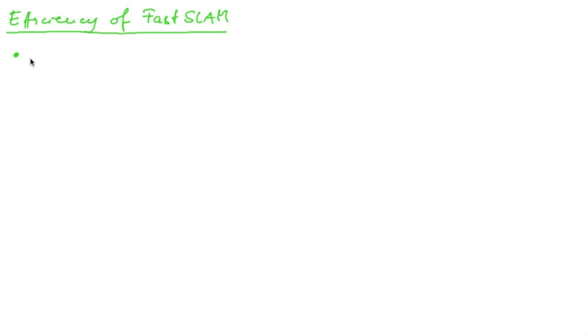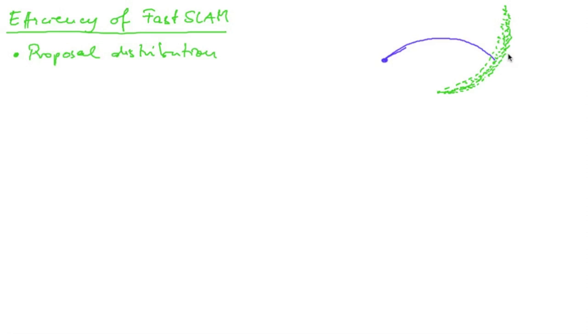The first is about the proposal distribution, and here the problem of the presented FastSLAM approach is that our proposal is made only based on the given control. And this may lead to inefficiencies, because if our control is very noisy, this may lead to a wide spread of particles, out of which only a few will survive in the end, because all the others do not fit very well to the measurements of our robot.